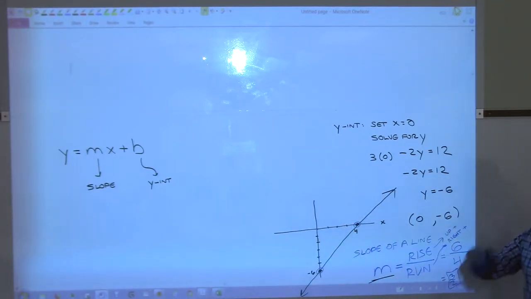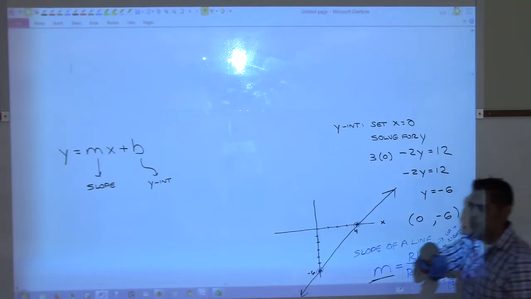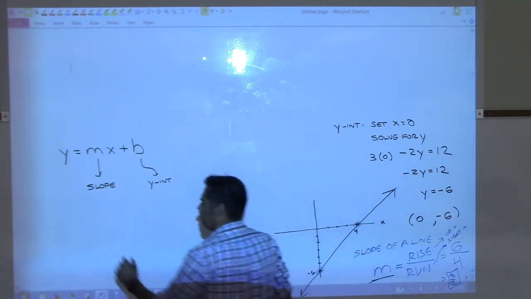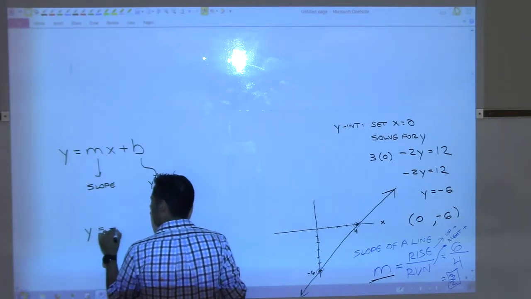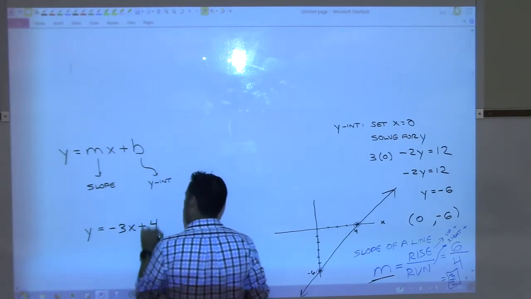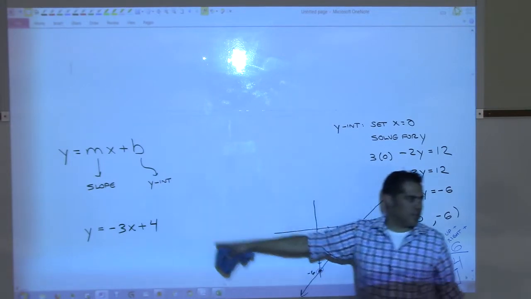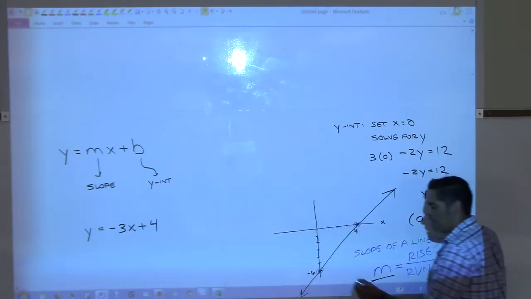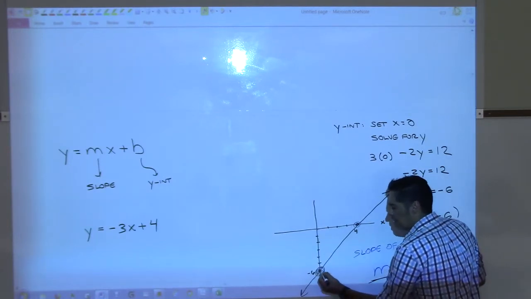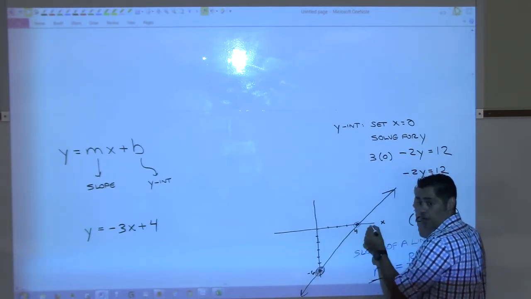So what was the second line that I gave you? When I was giving you an example of this, what was the example I gave you? y equals negative 3x plus 4? Okay, yeah. So let's try and sketch this line. Remember, if we have a point on the line, then to get to another point, all we do is use the rise and run, right?